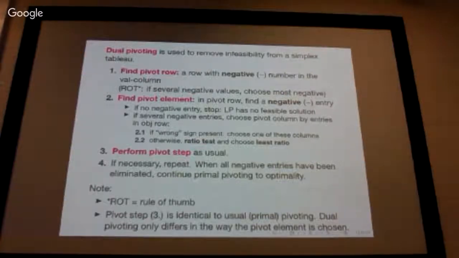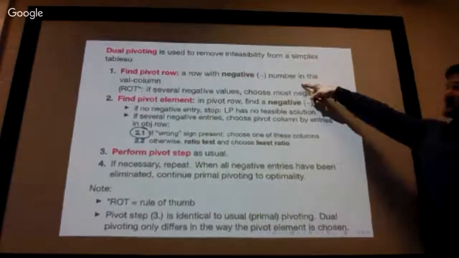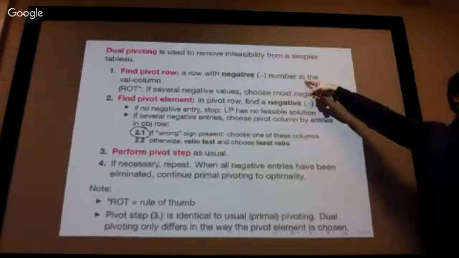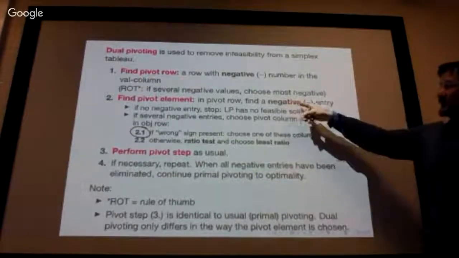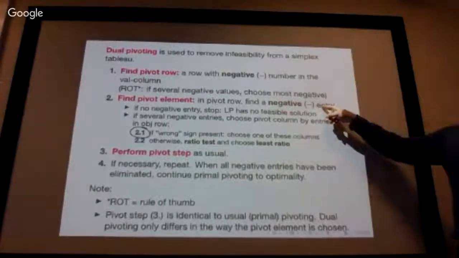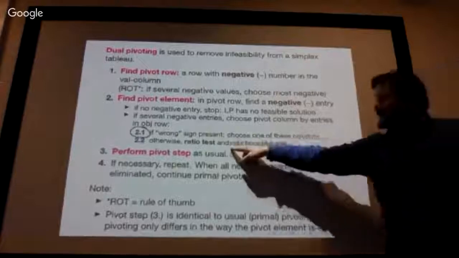But there is this 2.1. So in 2.2, well, I should probably go through it. So the dual pivoting, as we've been doing it, we find the pivot row by looking for something negative in the val, and then we're looking for a negative entry because we want to pivot on a negative entry, and we do the ratio test.